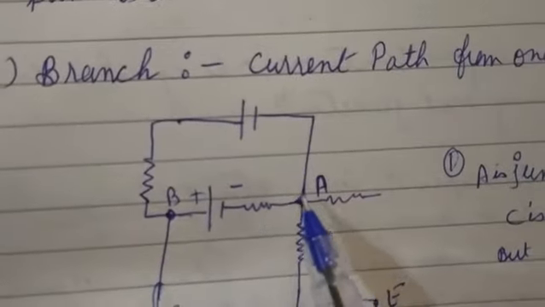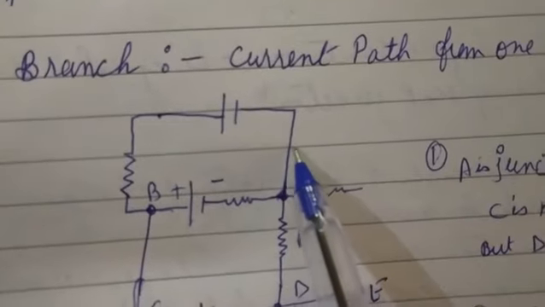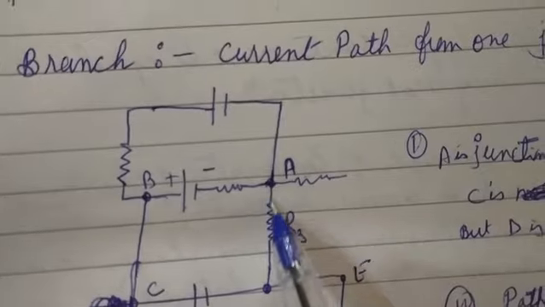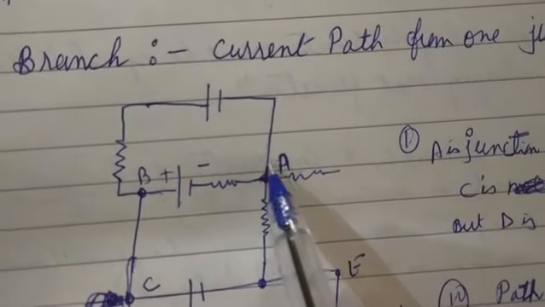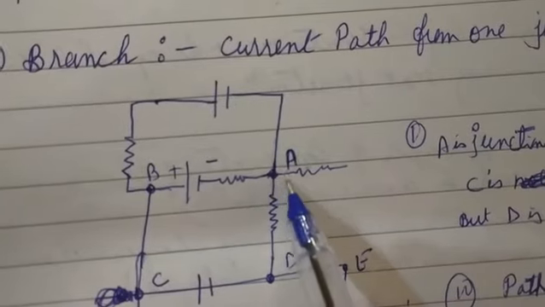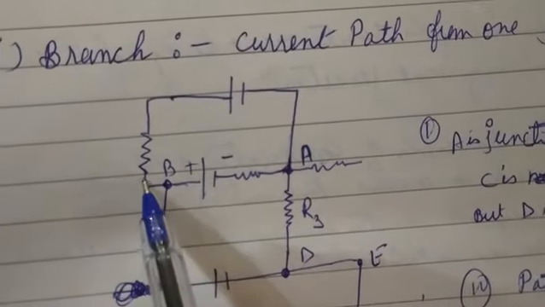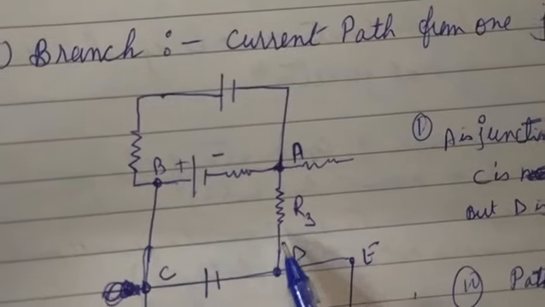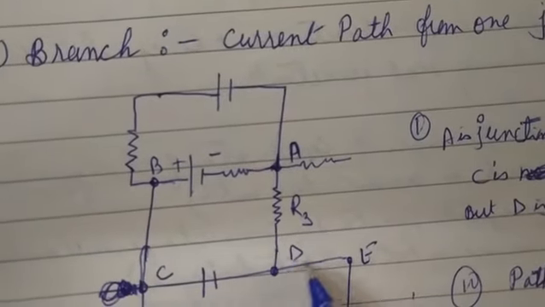Now look at point A. How many lines are meeting? 1, 2, 3, 4. So more than 3 are there, then A is a junction. B, how many are there? 1, 2, 3. So B is also a junction. D, 1, 2, 3, D is also a junction.